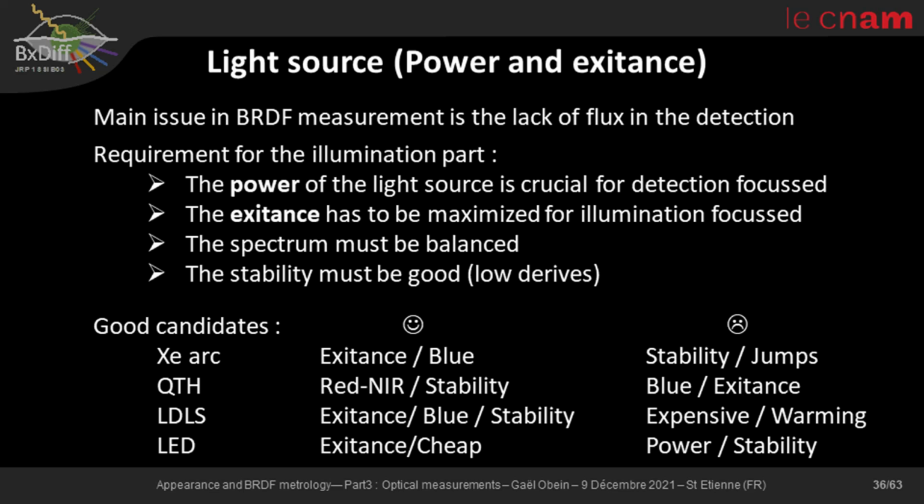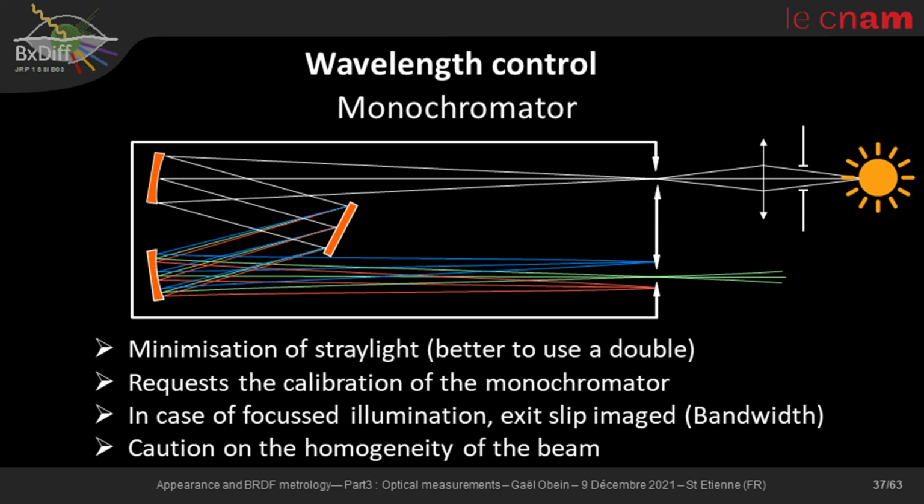So sometimes you don't have the choice, in fact. Otherwise, you don't measure anything. So yes, you can monitor, and even when you monitor, it's always better to have a stable light source. That was my point. But you're right. If we monitor, it's okay. It's better.